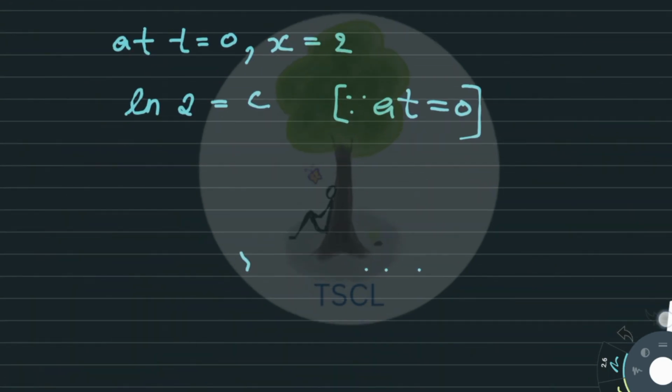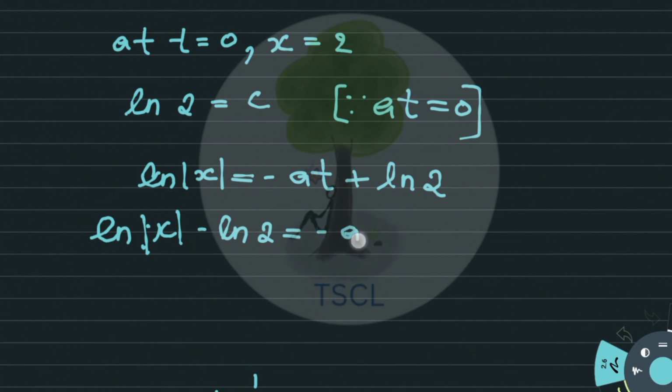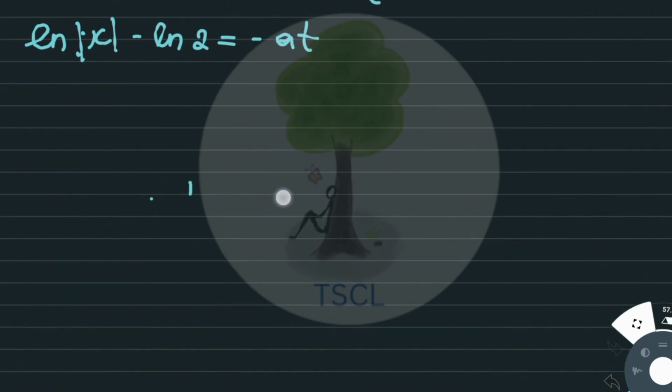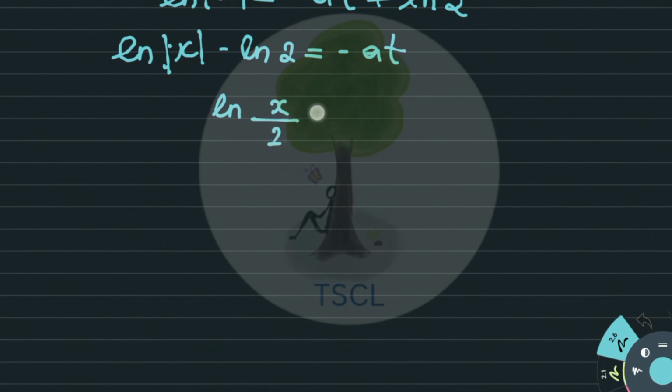Let's substitute this value into the equation that was first formed. ln x is equal to minus at plus ln 2. We'll take it to the other side. ln x minus ln 2 is equal to minus at. ln (x by 2) is equal to minus at.